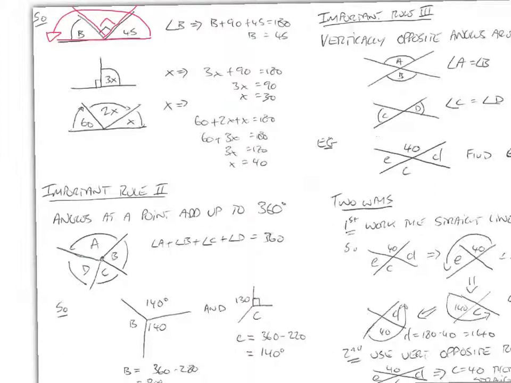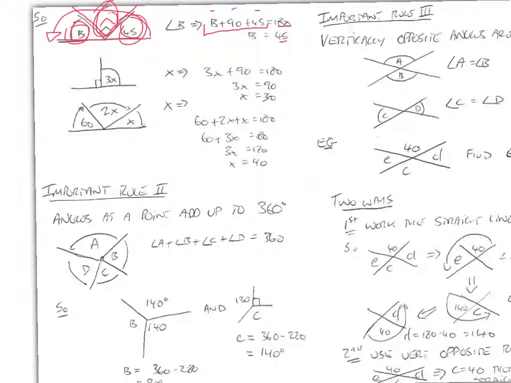So we can say that B plus 90 plus 45, this plus this plus this, is equal to 180. So B must be equal to 45. Because if I add 45 and 90 and 45 again, I'll get 180.